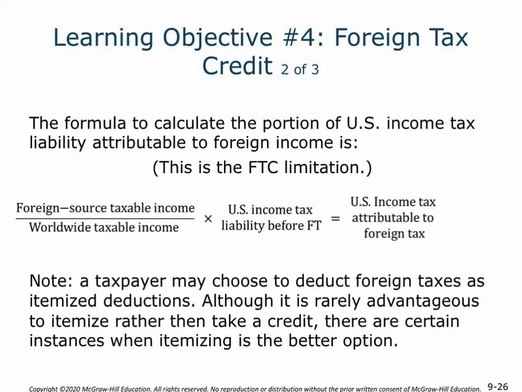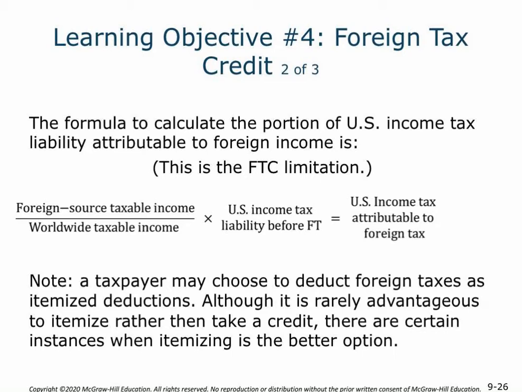You want to take the percentage of your worldwide income that is foreign sourced and multiply by your U.S. income tax amount before the foreign tax credit is applied. That's going to be the amount attributable to that foreign tax. An example here would be that if you had $100,000 of worldwide taxable income, 20% is going to be foreign sourced.